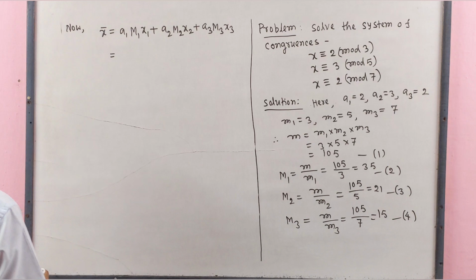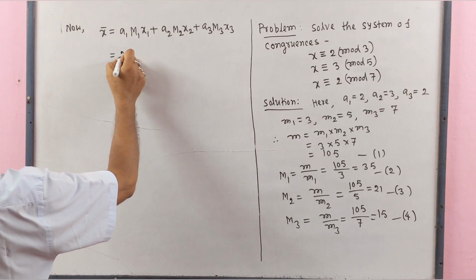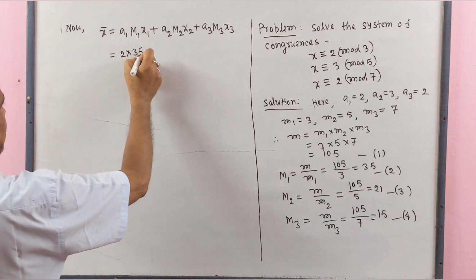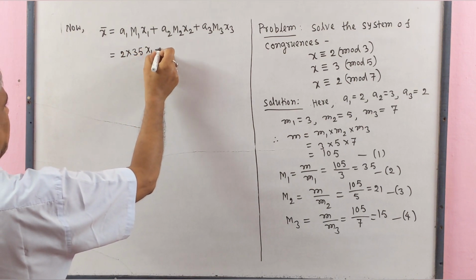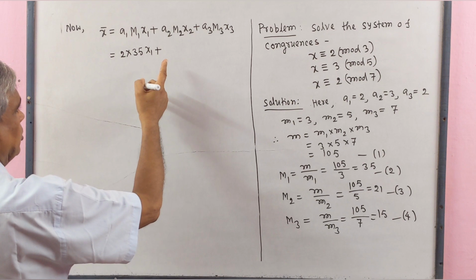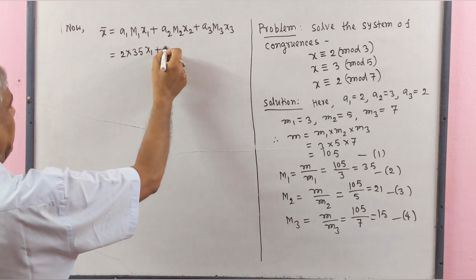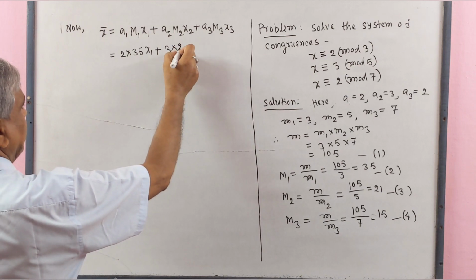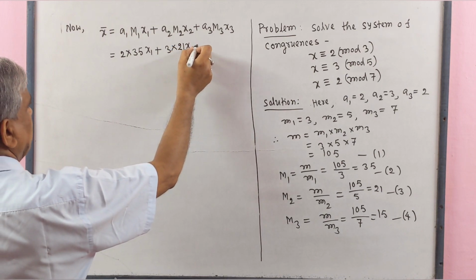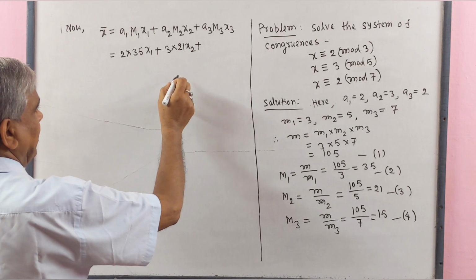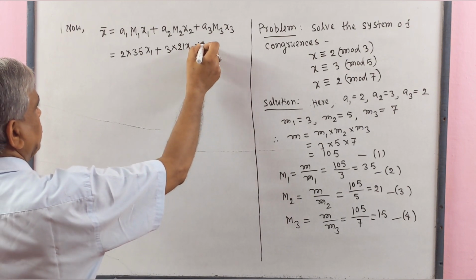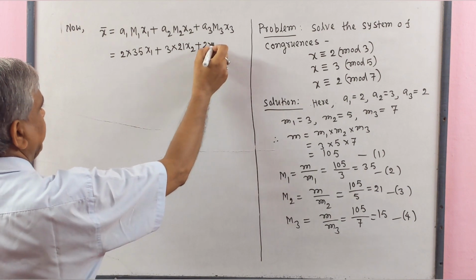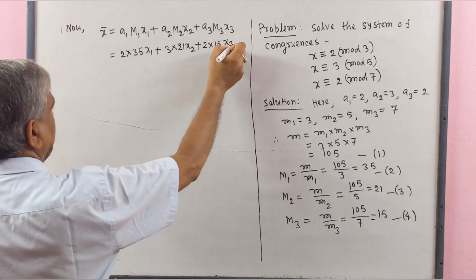Small a1 is 2, capital M1 is 35 x1, small a2 is 3, capital M2 is 21 x2 plus small a3 is 2, capital M3 is 15 x3.